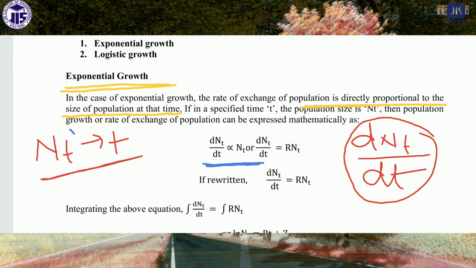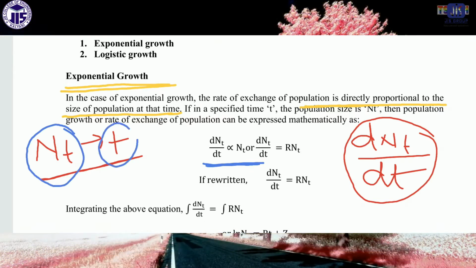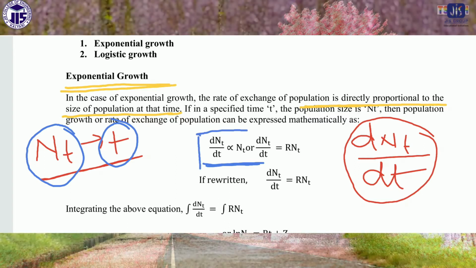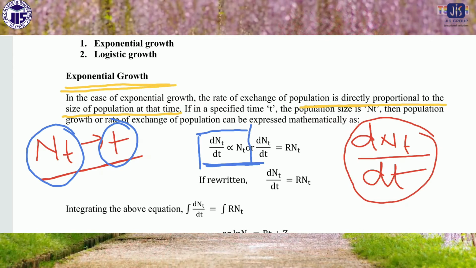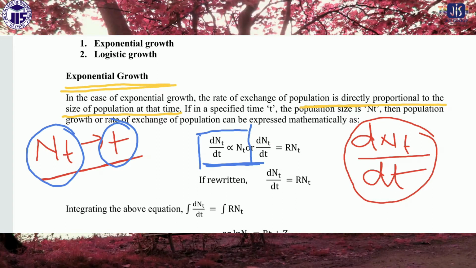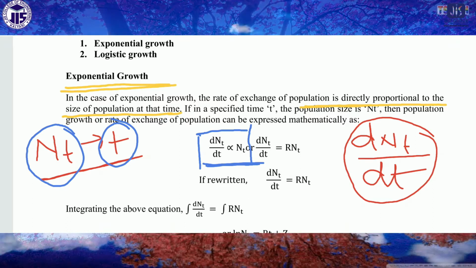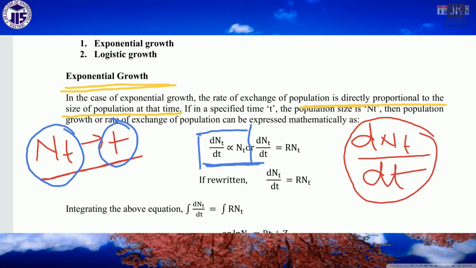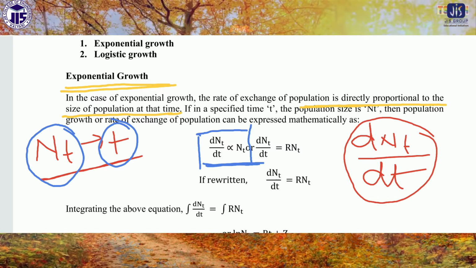So according to the exponential growth model, we can write the mathematical formula dN(t)/dt proportional to N(t), where dN(t)/dt is the rate of change of population with time, and N(t) is the population of that place at that time. To remove the proportionality, we take one constant, called r.